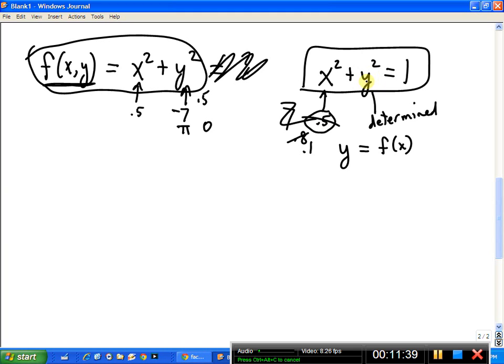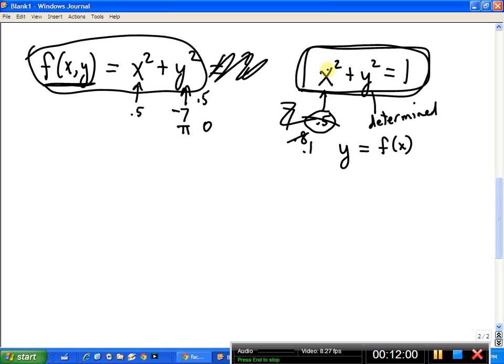Y depends on x. So y is a function of x whenever you see it in an equation with x present. Whenever you see a y in an equation, you've got to think that is not just a simple variable, that is something that depends on x.